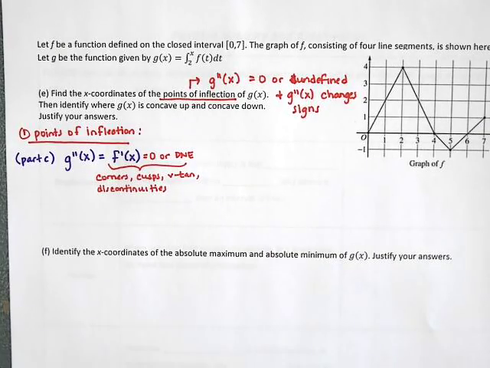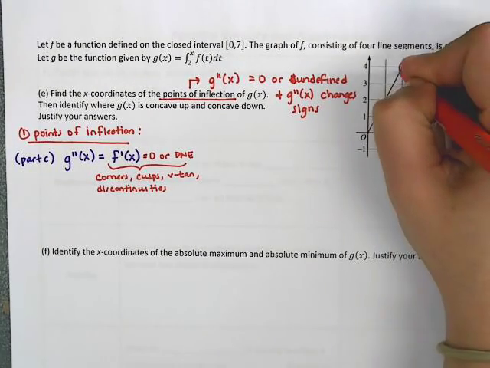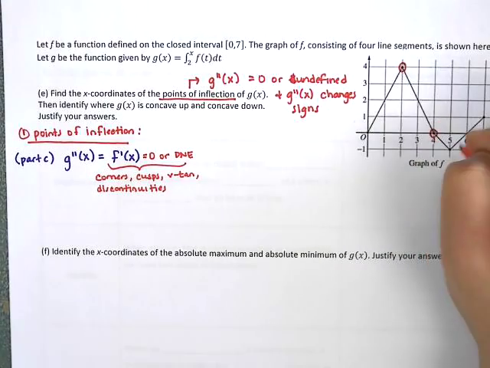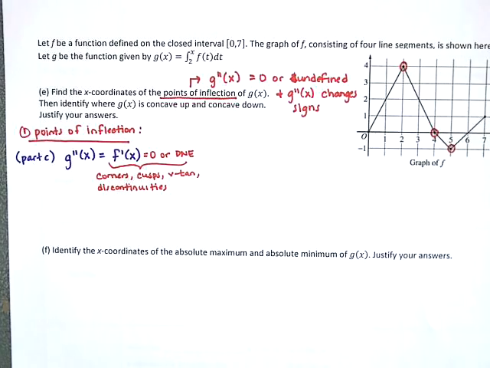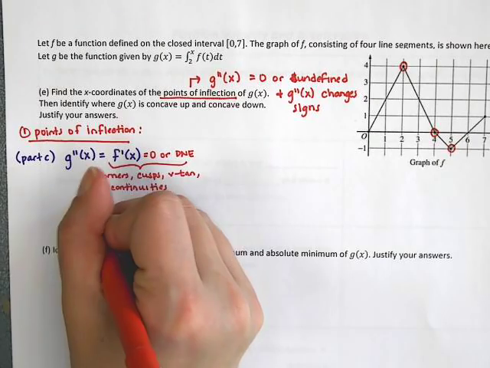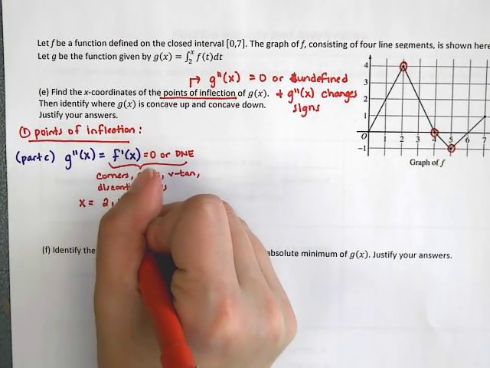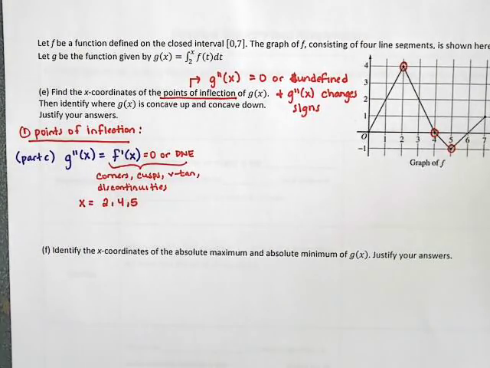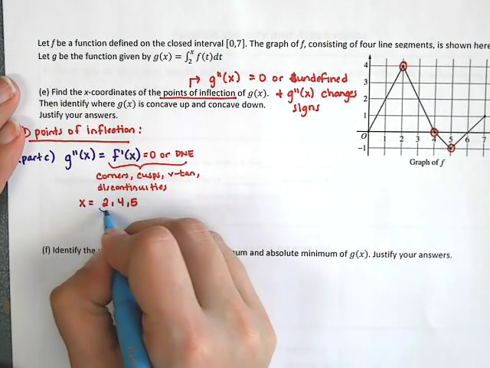So in this graph, the slope doesn't exist at 2, 4, and 5. Then we also need to look for which of these actually change signs.